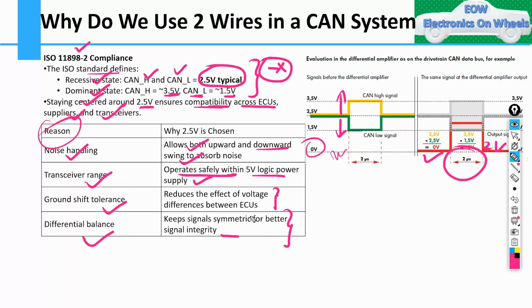So you can understand that when you are using the 2.5 common mode voltage and two wires, it is very easy to handle the noise. It is very easy to capture that noise. We will see one example when you are using the one wire CAN system and when you are using the two wire CAN system, and we will see that if noise comes in the one wire CAN system, how weirdly it affects.